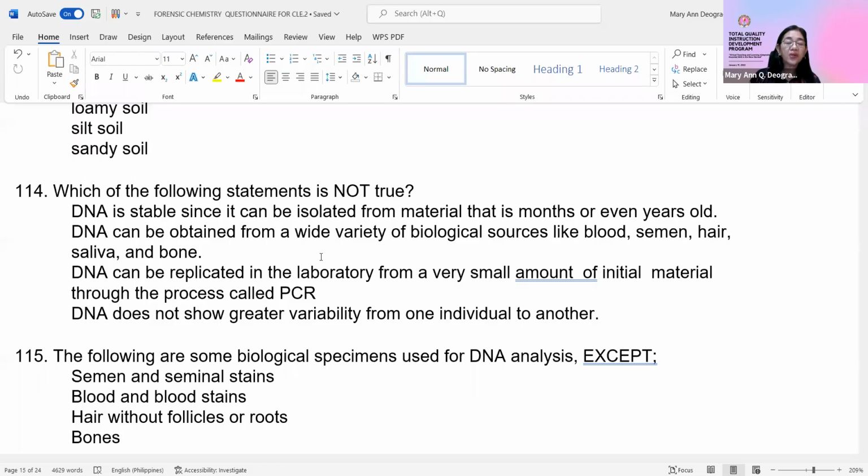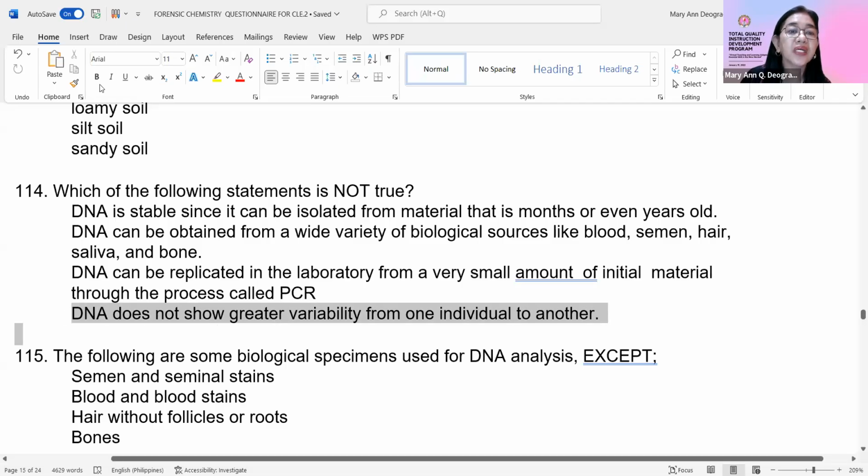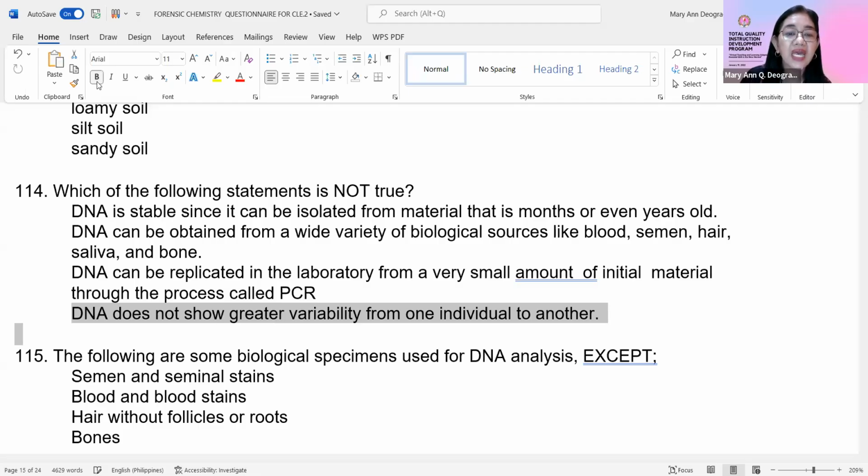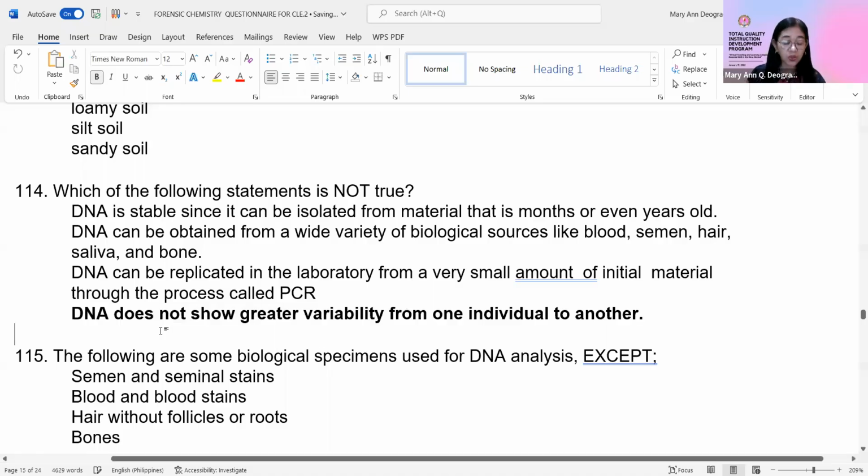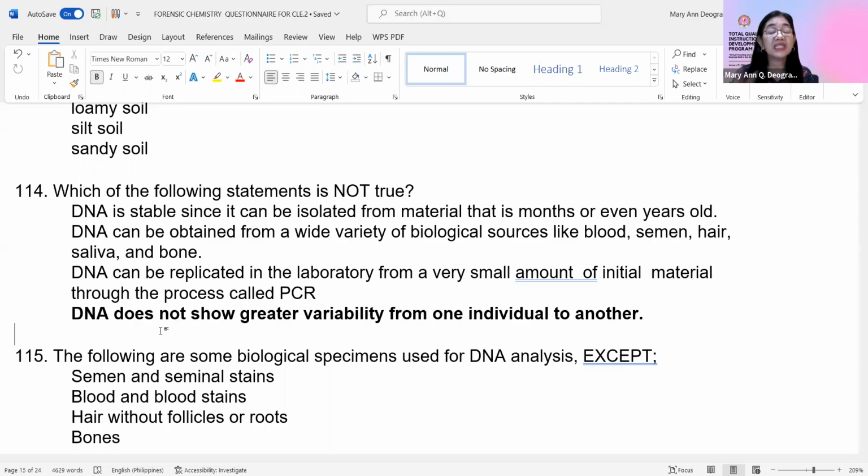DNA does not show greater variability from one individual to another. Which of these statements is incorrect? Ayan, letter D. Okay, because DNA shows a greater variability from one individual to another. So we have a unique DNA pattern. Each one of us has a unique DNA pattern. So it shows variability, meaning different ang ating DNA.